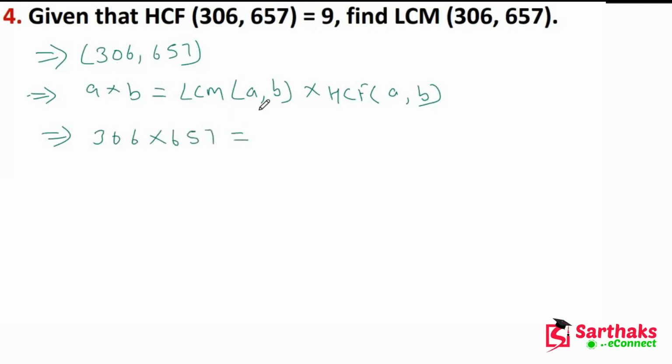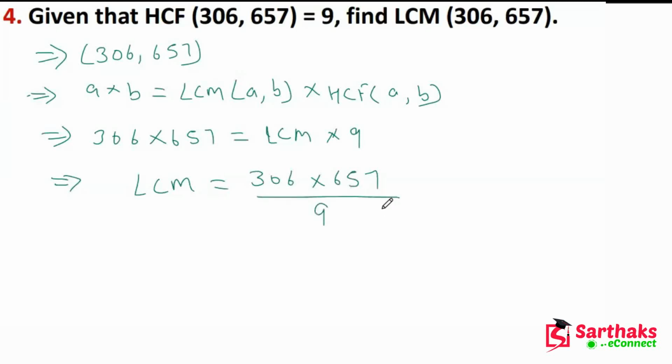We know HCF, but we don't know LCM. So LCM as it is, and HCF is 9. So the LCM is equal to 306 multiplied by 657 divided by 9. Okay, so what is the final result?